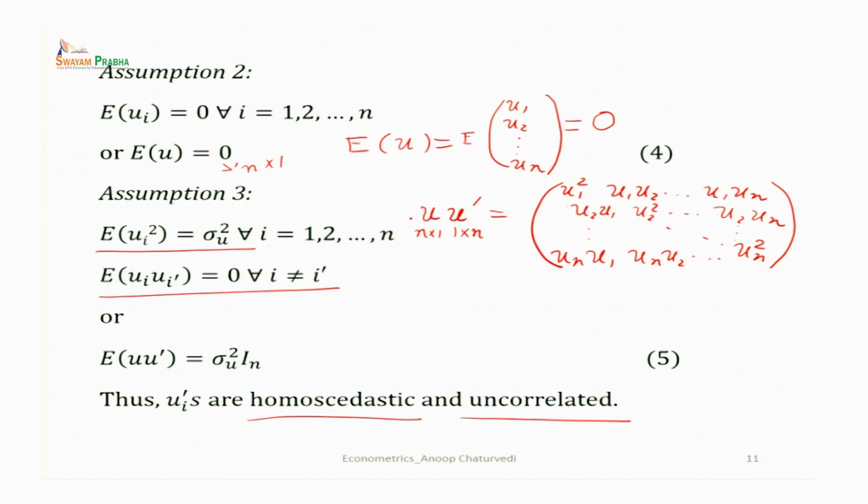And if we take expectation of u u transpose, then what we get? In the diagonal we obtain expectation of u1 square, expectation of u2 square, so on, expectation of un square. So, sigma square u, and the off diagonal elements have expectation 0 because of this assumption. So, you obtain sigma square u 0 0 0 sigma square u and so on.